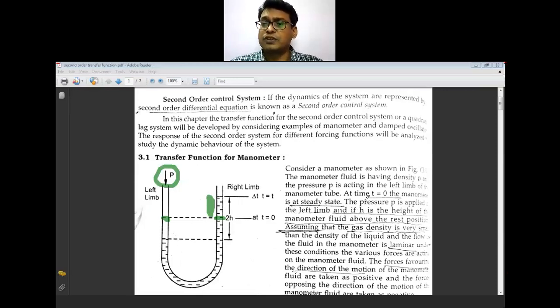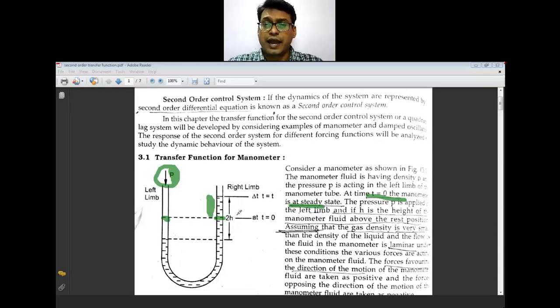At time t equal to 0, the manometer is at a steady state, but the pressure has been applied, so that h is the height of the manometer fluid above the rest position.